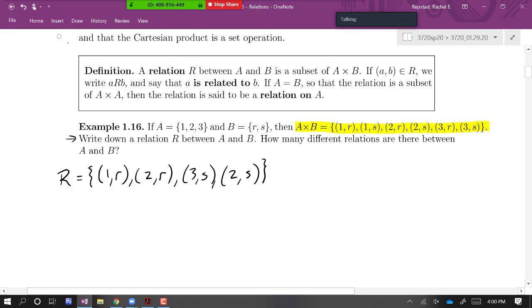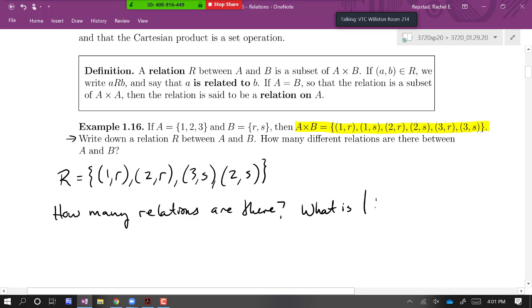2 to the 6. Yes, 2 to the 6. So when we answer how many relations are there, what we're really asking is, what is the size of the power set of A cross B?